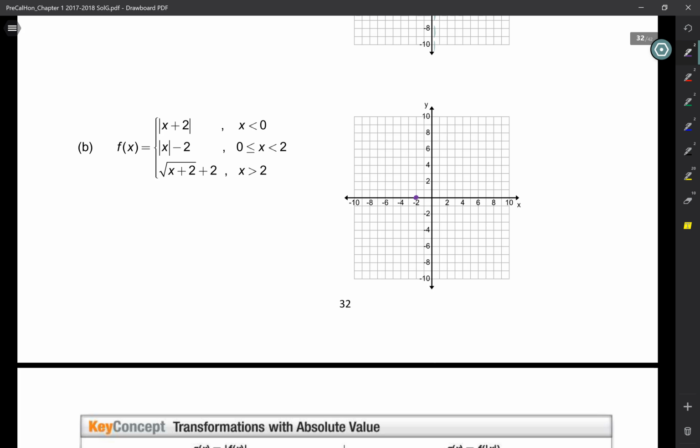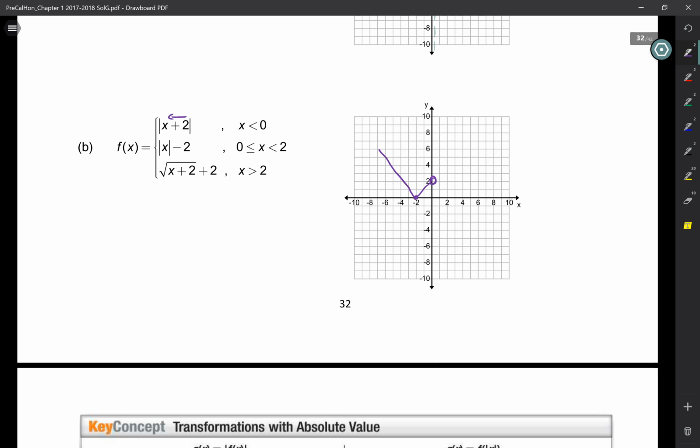That's an absolute value function, and the vertex has moved to the left. So really, it looks like this. Okay? So look, I just did that without plugging anything in. Did I do it correctly at x equals 0? Does it have a value of 2? Yeah. It does, and it's an open circle there.